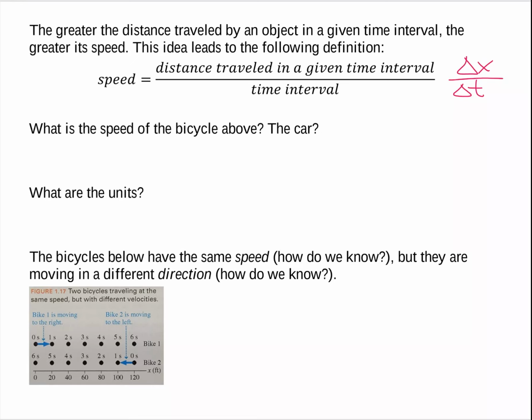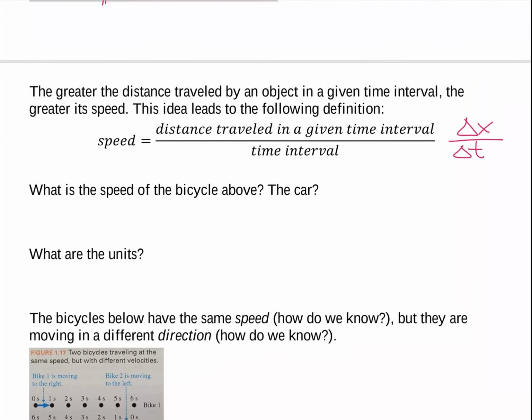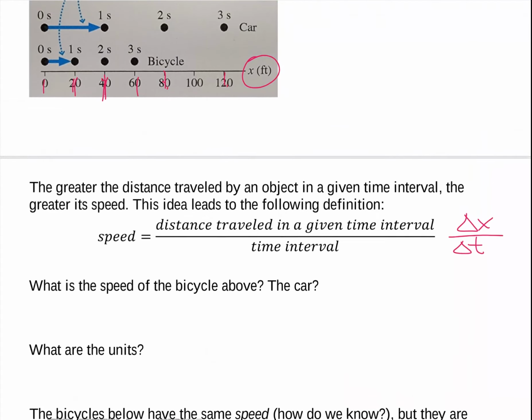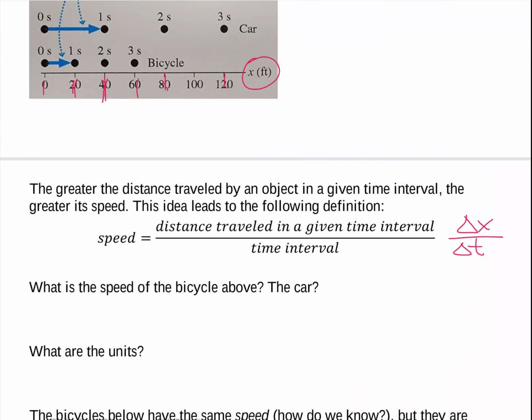So what is the speed of the bicycle? Well, we just kind of talked about it. The bicycle, let me slide this back down so we can see it. How far did it go? 20 feet, or 40 feet, or 60 feet, depending on what interval you want to use.